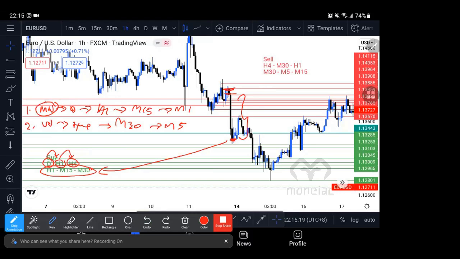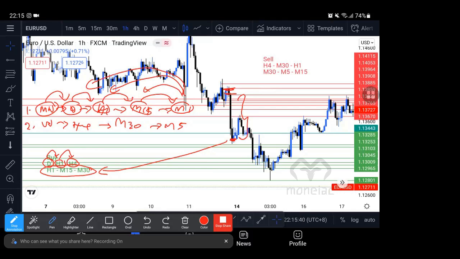So if this is our direction, this is going to be our setup. Like this, we are going to drop down. But after we entry, it's going to come like this because the price will break the small time frame first.